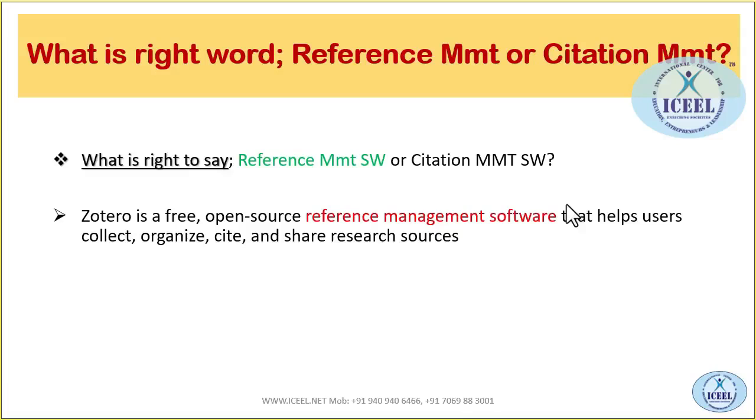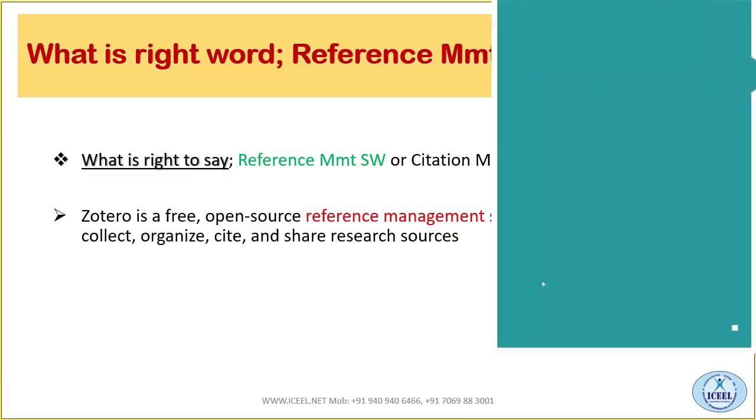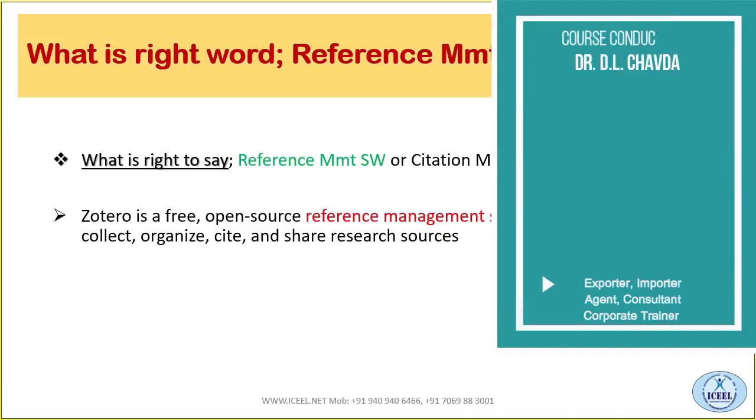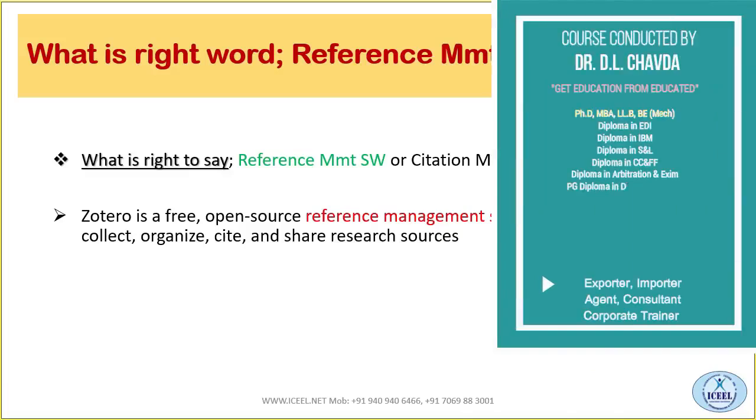Organize means how to organize all the things you collected. Cite means how to cite in the Word file by using this software. And then sharing it with people. These 4 points would suffice; if I break them down, more than 30, 35 or 40 topics will be there within these 4 points.